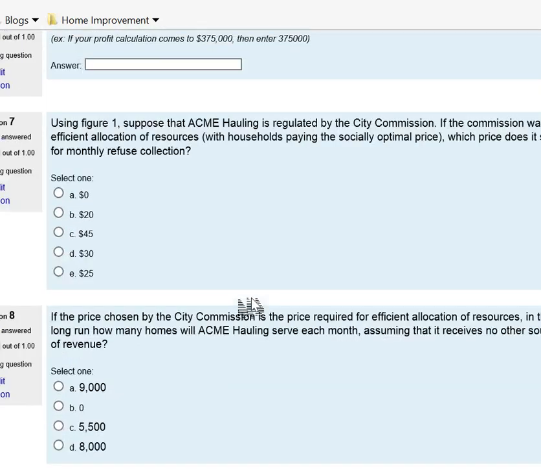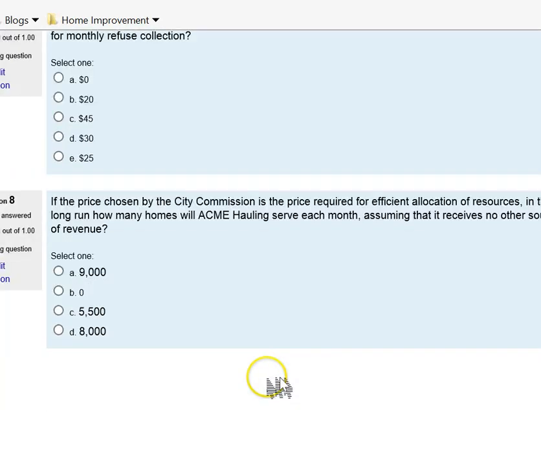Now, question number 8, if the price chosen by the commission is the price required for efficient allocation of resources, in the long run, how many homes will Acme Hauling Service serve each month, assuming that they receive no other sources of revenue?